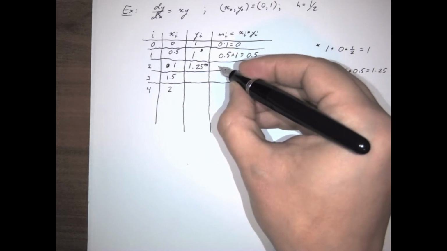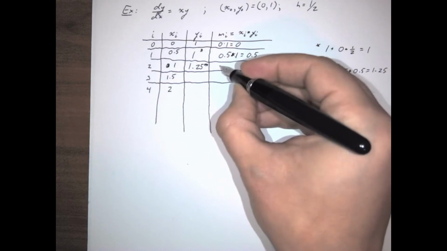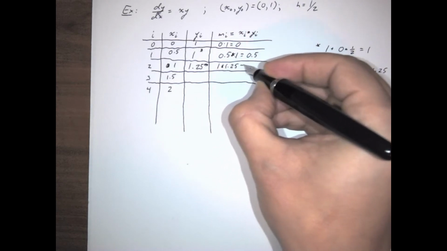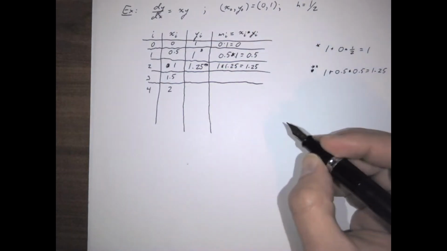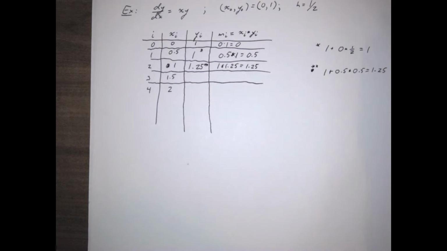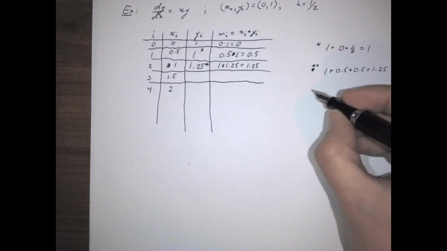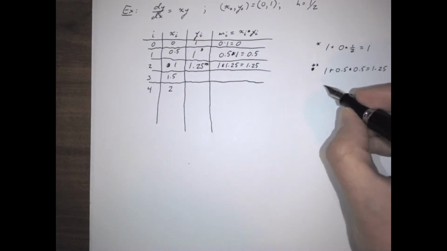So the next slope will just be this times this. And that will then lead us to our next y value, which is going to be 1.25 plus half of 1.25.